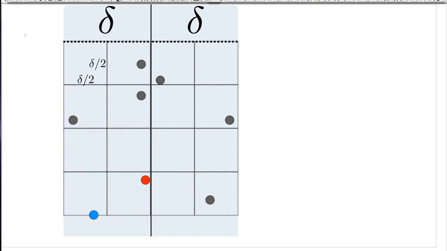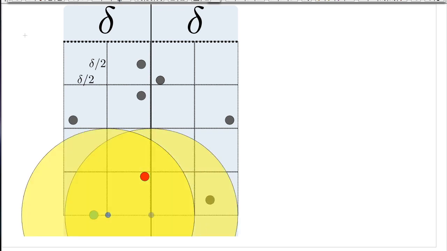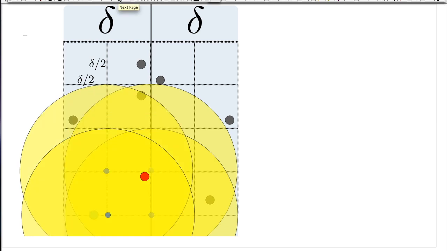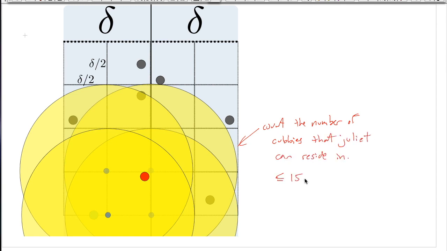I'm going to do another example right here, the red dot. If we draw our yellow circles of radius delta around that box, then we count the number. By this simple argument, you can easily count that it has to be less than 15.